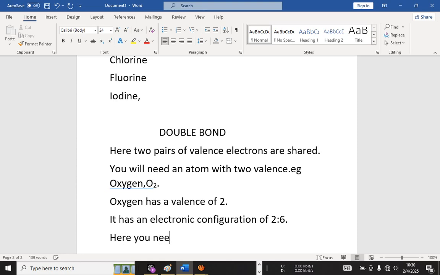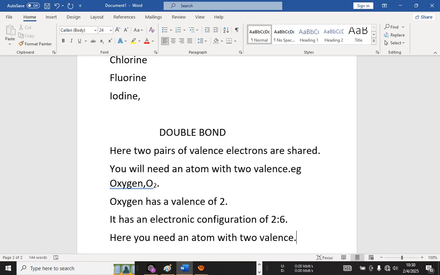In double bonding, if you want to understand it better, you need an atom with two valence electrons. That is what you should know. But here remember we are dealing with just atoms of the same kind.